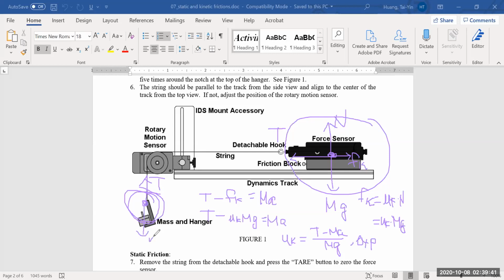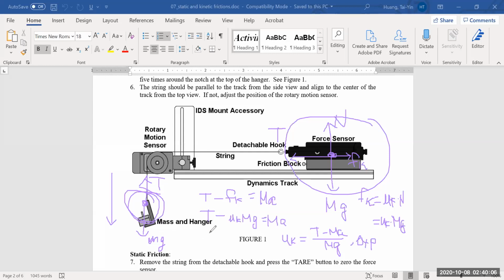So I'm just going to use a lowercase m, and then the G, right? They are not equal to each other. Remember, this whole thing is moving. So it's not static. So T is not equal to mg. Instead, because the whole thing, if this is moving leftward, this whole thing is moving downward, it means that your mg is going to be greater than tension.